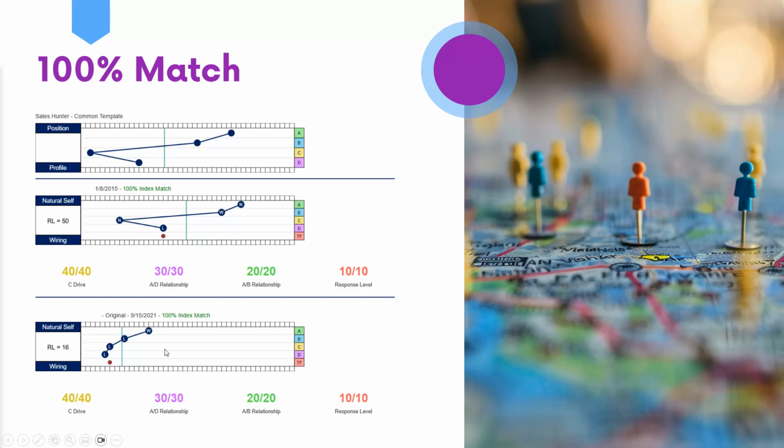Then you have applicant number 2, who is also a 100% match. A greater than B, low C, A greater than D, it's a generalist profile. Now you could argue that the other minor difference here is the D drive's a lot lower for applicant 2. Now that could be significant in regards to how they perform in the role.